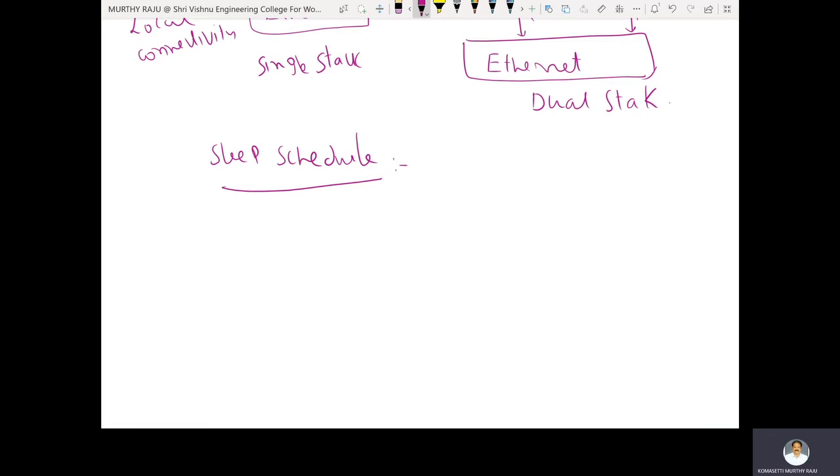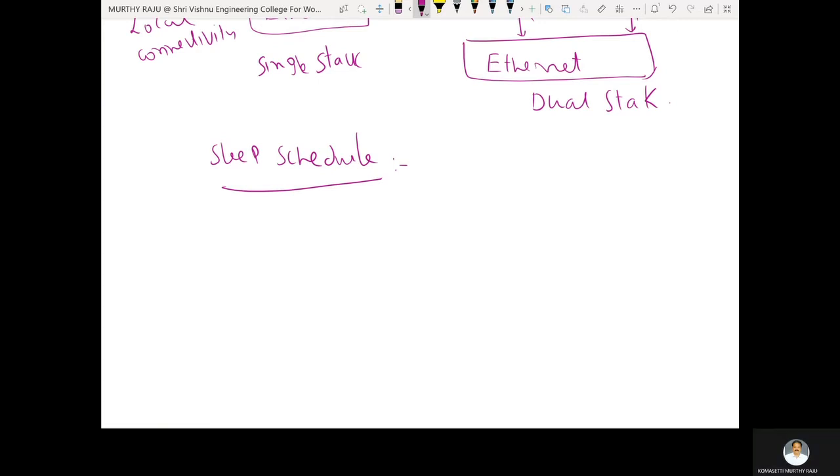Sleep schedule means suppose the node is not involved in any communication or any computation. Computation means process the data, execute the data. At that instant, the node is put in sleep condition. Otherwise, the node is in on condition, it loses some energy.